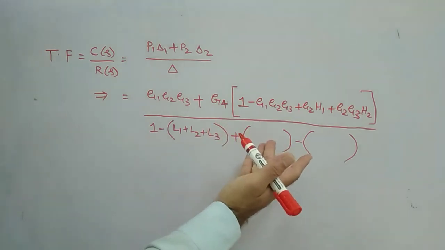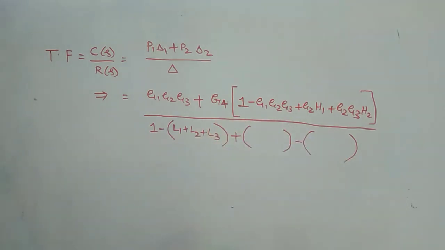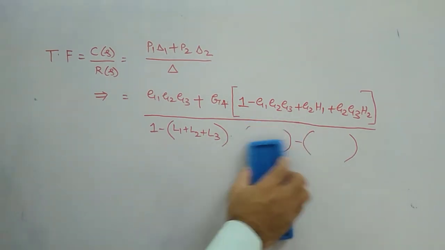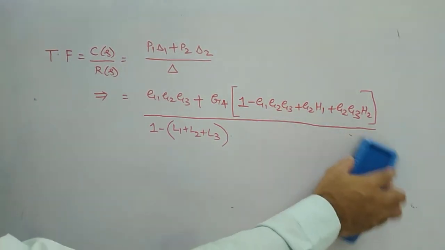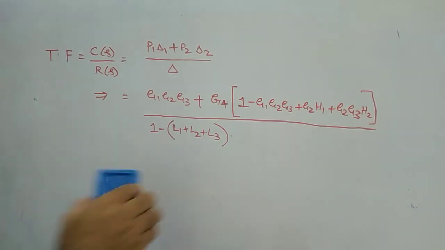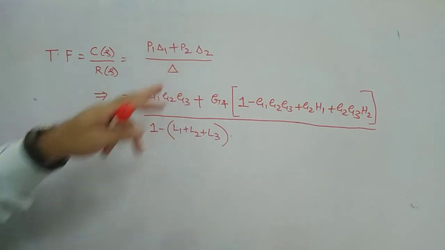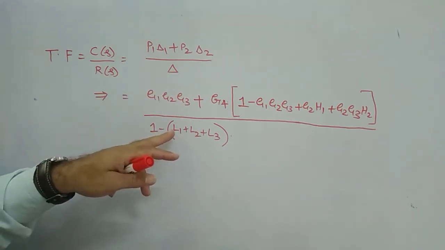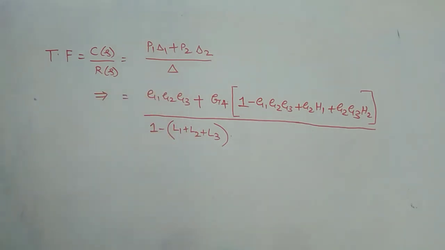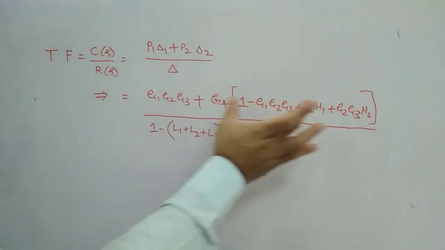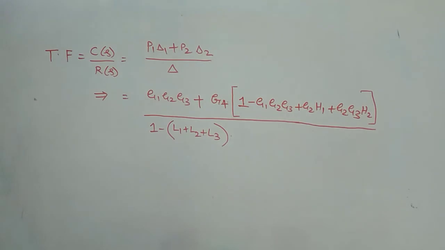Because we don't have any two non-touching or three non-touching loops, there is no question of this. So you don't have anything in this case. Therefore, delta is 1 minus this much only, 1 minus L1 plus L2 plus L3, which is the same as this parameter only.